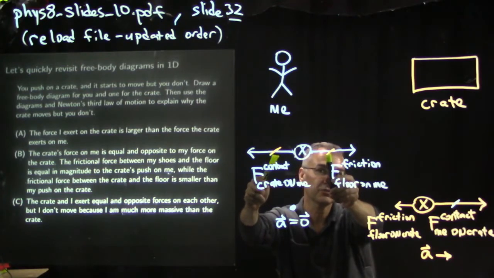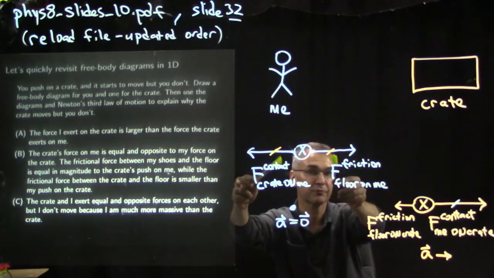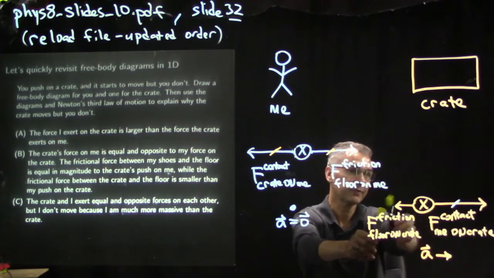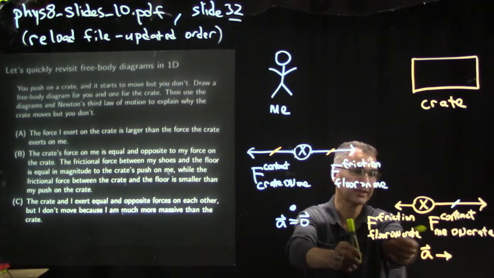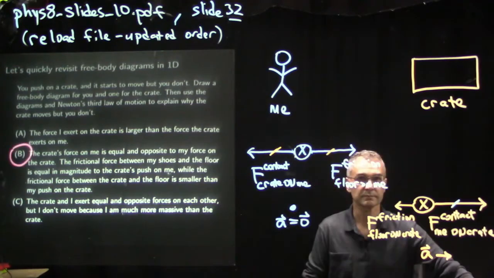One interesting question is, how is it able to do that? We'll try to figure that out in a moment. And then we have this fourth force, which must be shorter because the crate is accelerating forward. So this frictional force by the floor on the crate must be smaller.